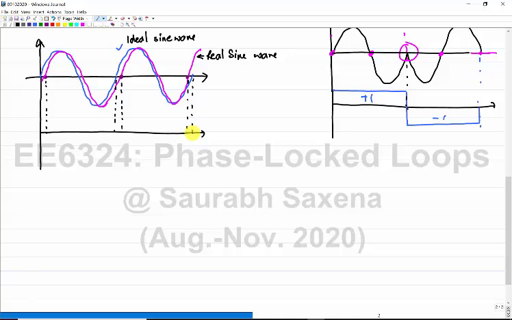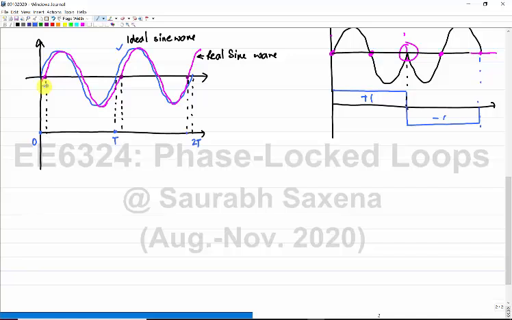If I see here in the first case, the first zero crossing of the real clock is happening delta t time after the ideal clock. If I mark my ideal clock edges, the transitions are happening at 0, then at T, where T is the time period, then 2T, and so on. This is the ideal case.